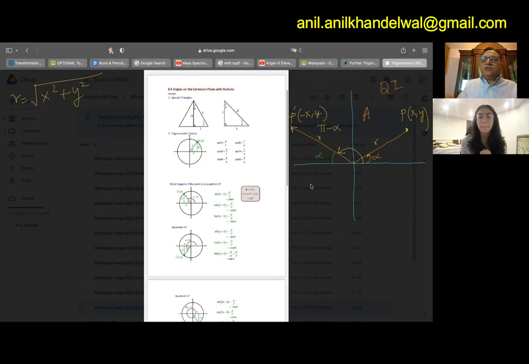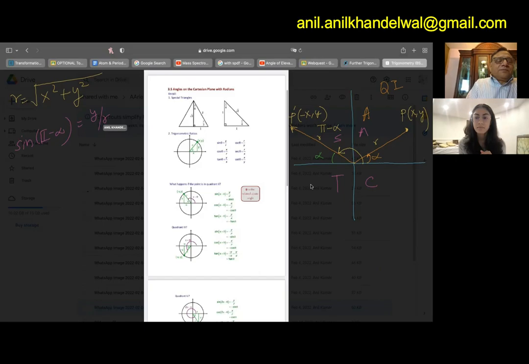Now, we also see the CAST rule. Sine is positive in quadrant 1, right? So in quadrant 1, whatever sine value you get will be positive. So what is sine of pi minus alpha? It will be the y value divided by the r value.